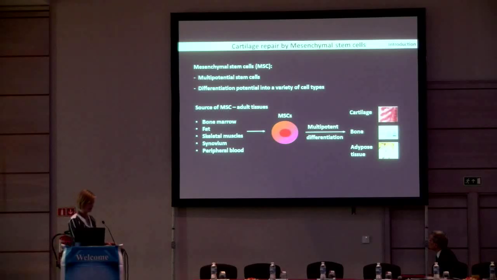As you can see here, they can be isolated from many tissues such as bone marrow, synovium tissue, fat. And if we put these cells in vitro under permissive conditions, we can form specialized tissue such as adipocytes, bone, and also cartilage, which is actually our target of interest.